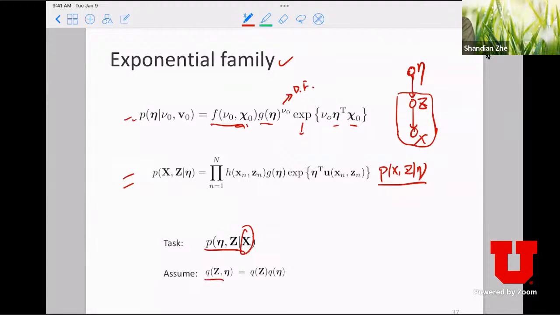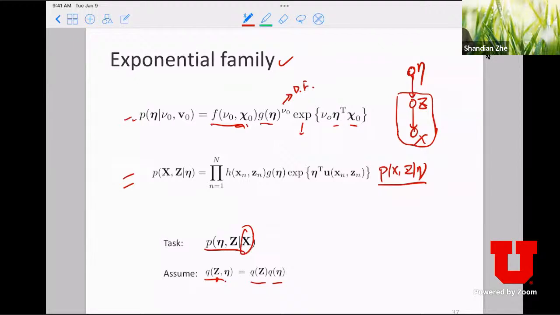Here we apply mean field variational inference again. We assume q of z and eta, these two random variables we're interested in, has a factorization structure: q of z times q of eta. In other words, in our approximation, z and eta are independent in the posterior.